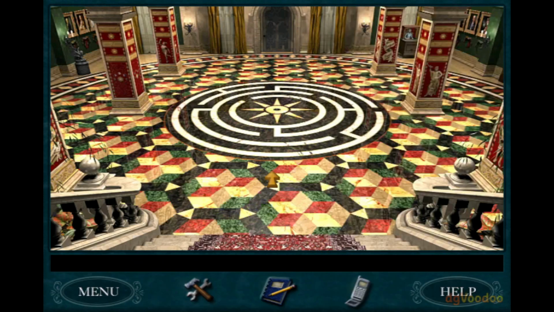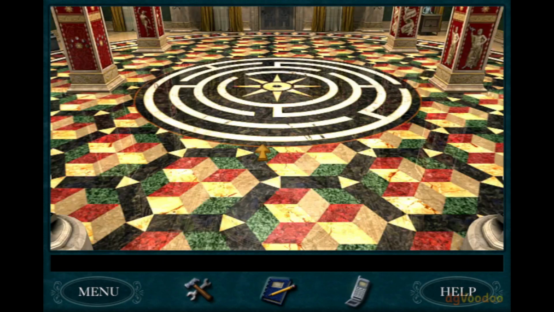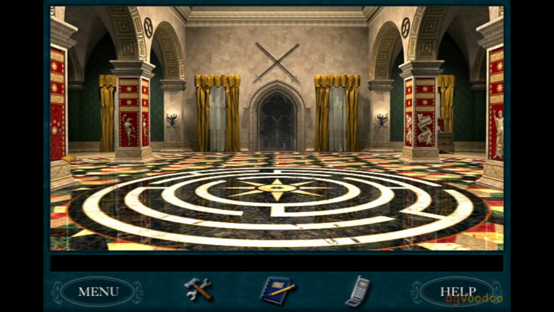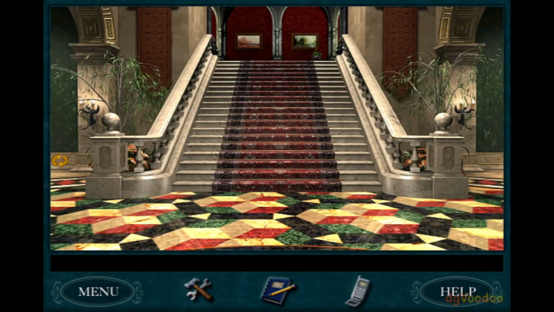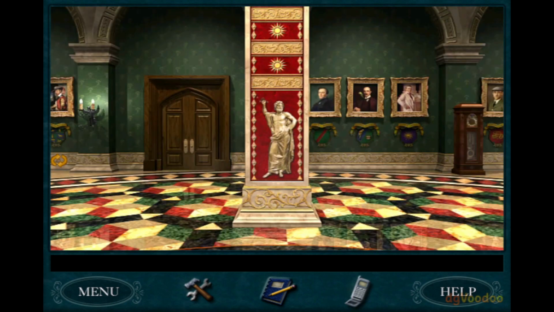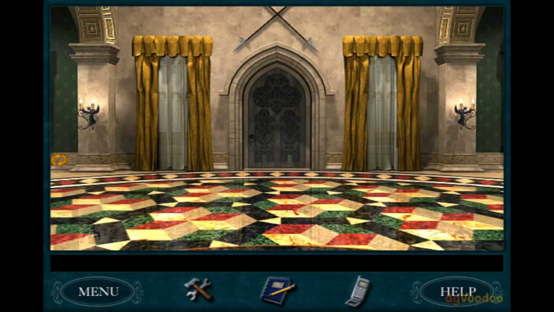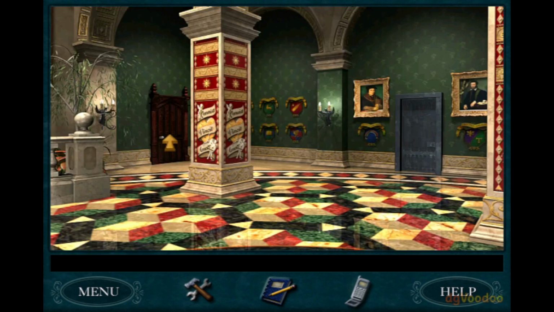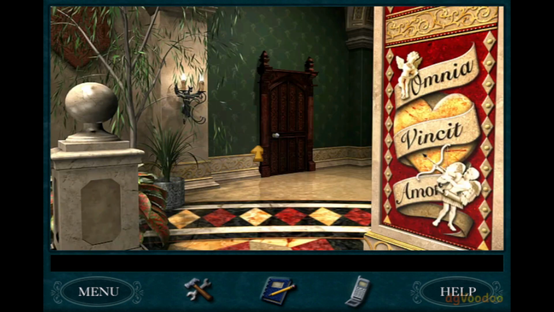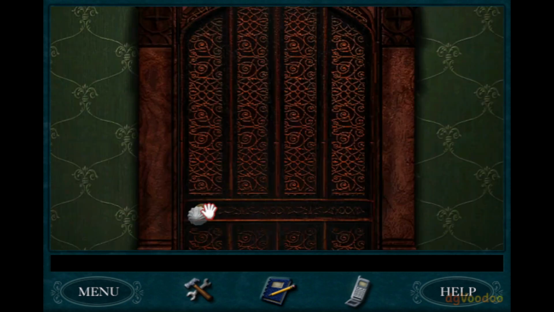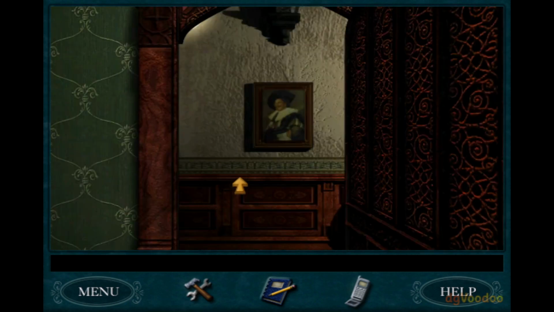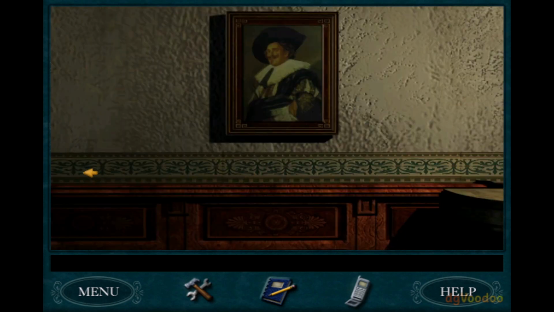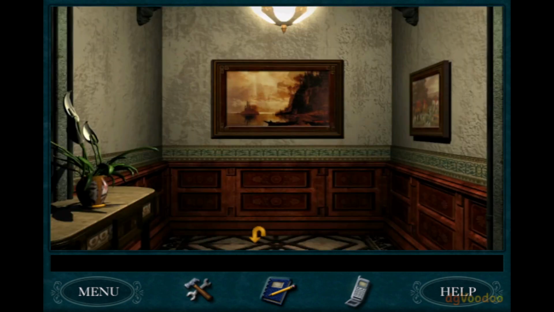All right. Wow. Where to? I guess let's start with that door there. And we find ourselves in another corridor.